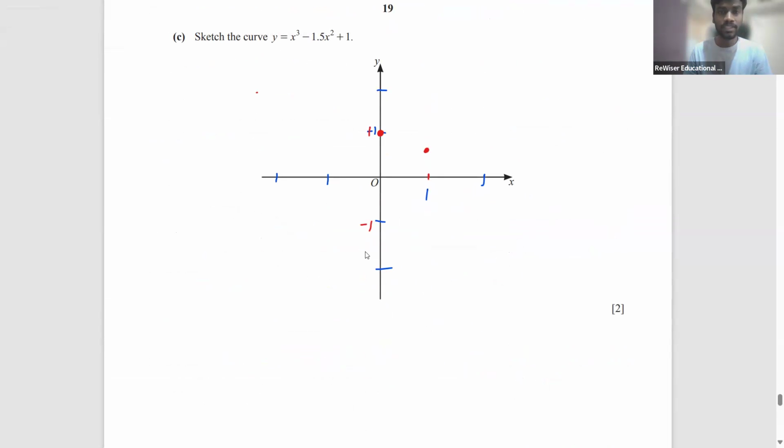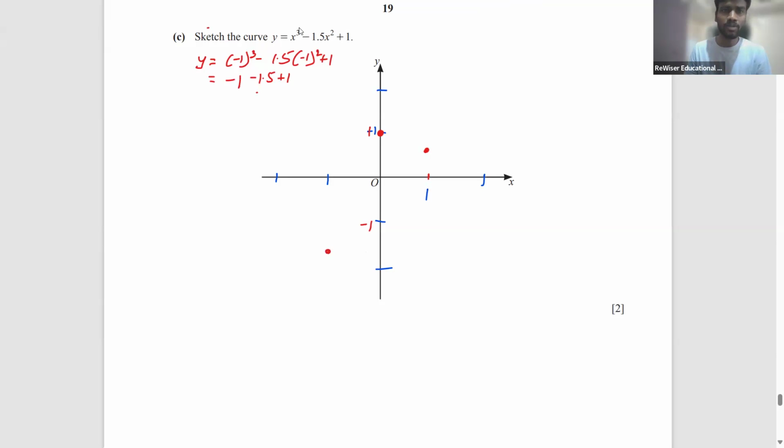When x is -1, y equals -1 minus 1.5 times -1 squared plus 1. If we simplify this, -1 cubed is -1, and this is -1.5 plus 1. So this is going to give us -1.5.